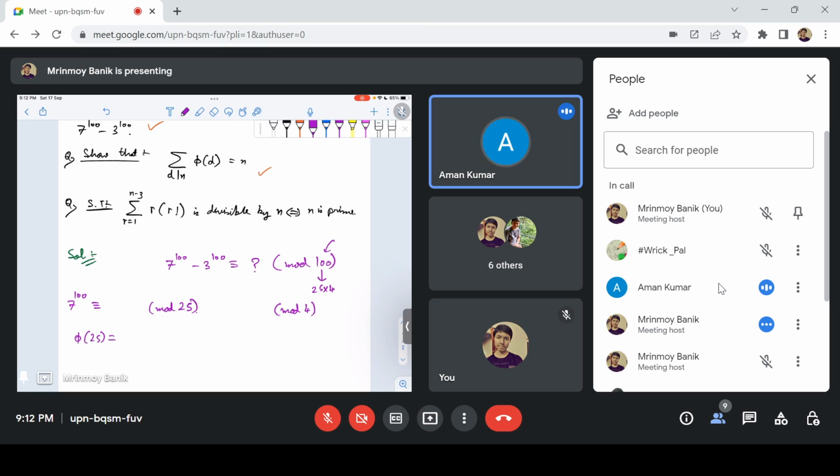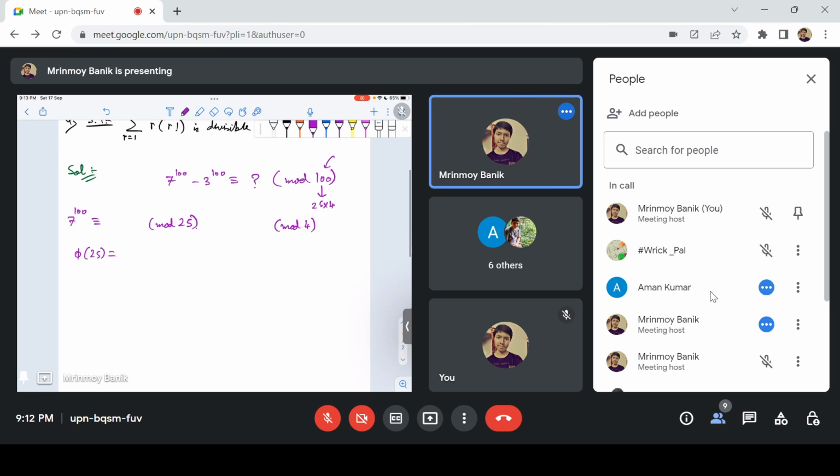But that will be a little bit bigger, I think. I haven't tried this problem yet. Or you can try it with binomial coefficients too.